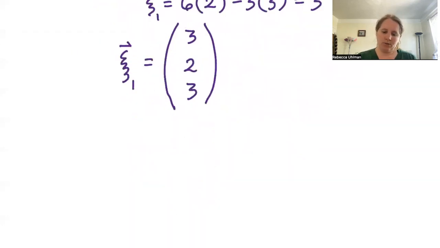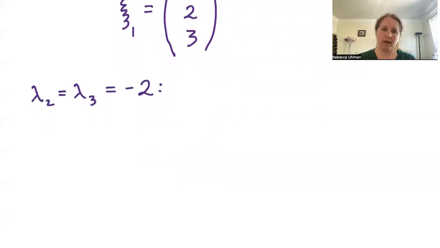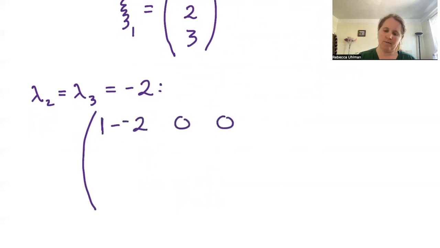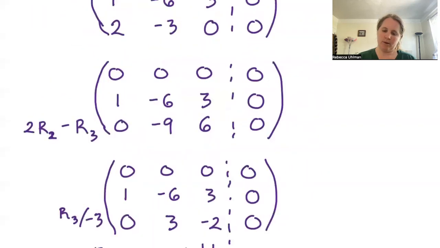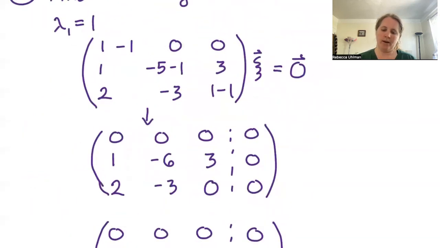For lambda 2 equaling lambda 3 equaling -2, we are looking at the system. We have 1 minus -2, 0, 0. For our second row, we have 1, -5 minus -2, 3.